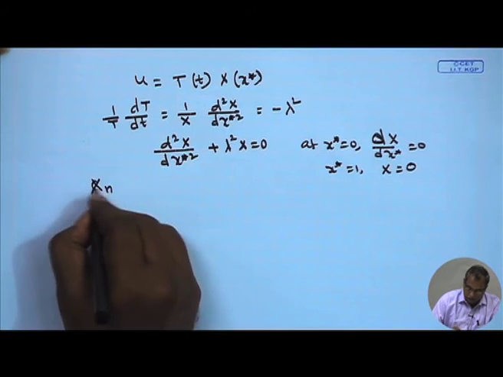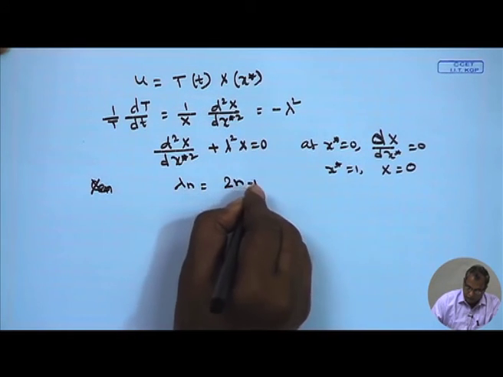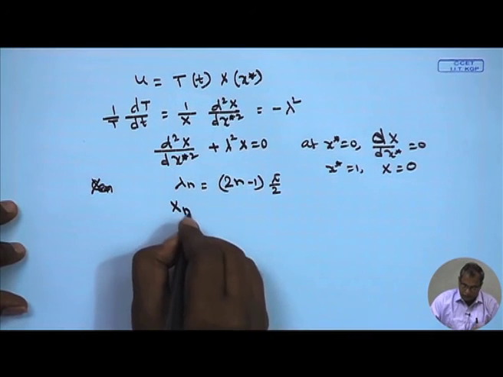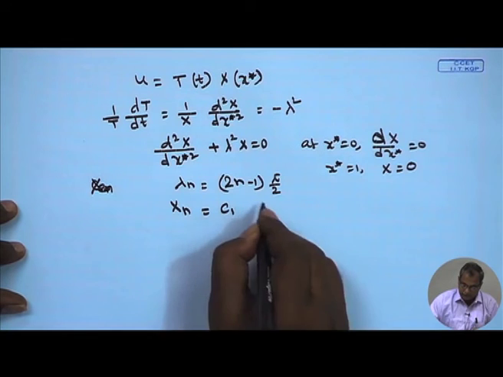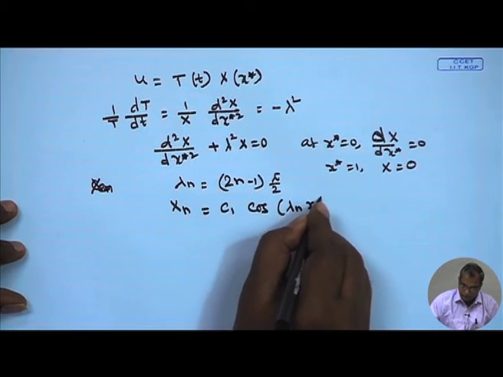So, let us look into the solution. The eigenvalues will be, let us say, lambda n is equal to 2n minus 1 pi by 2 and eigenfunctions X n is c1 cosine lambda n x star.